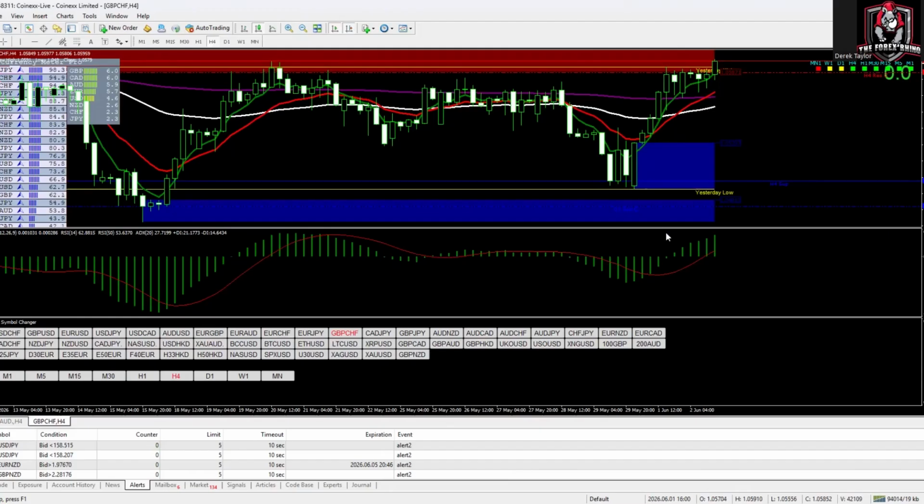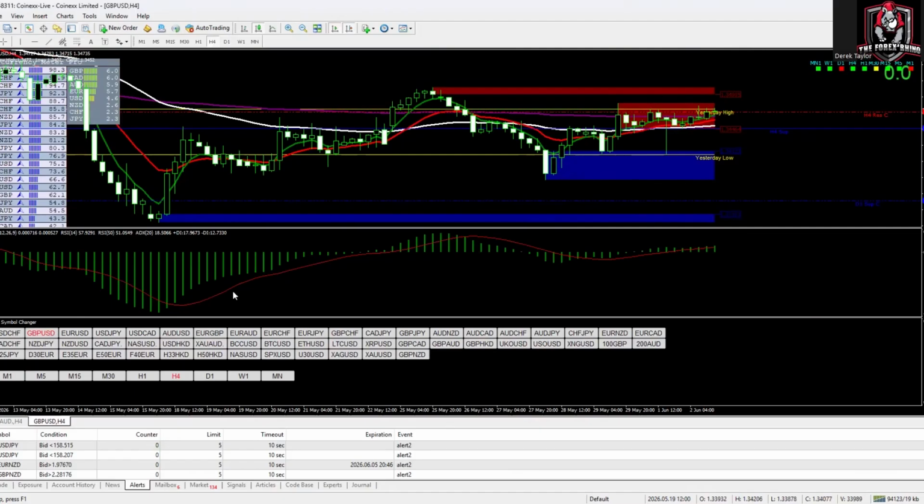Okay, so let's take a look at a couple of major pairs. This is GBP USD here on the 4-hour. Price is respecting this level of structure here at yesterday's high, along with this H4 resistance. Remember, when you see a resistance line, you're looking at a concentrated area of selling.